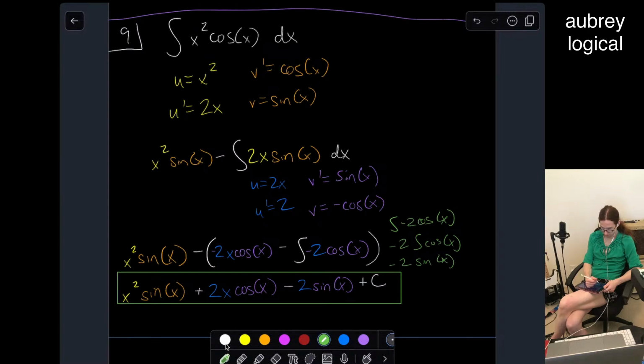So -2x cos x minus sine of x, but it's still there, so it's going to become minus minus minus. So if it was just minus minus, it would become plus, but since it's minus minus minus, it goes back to negative. Super confusing.